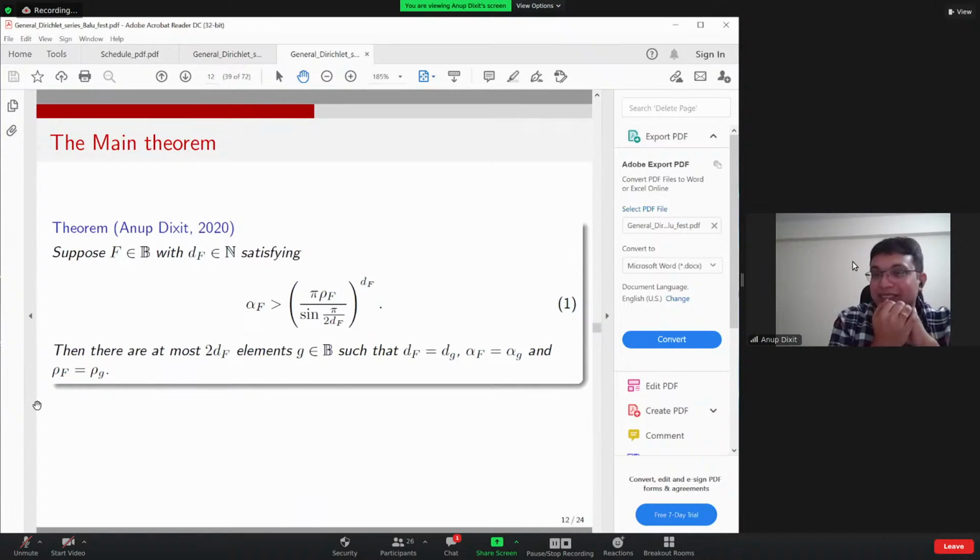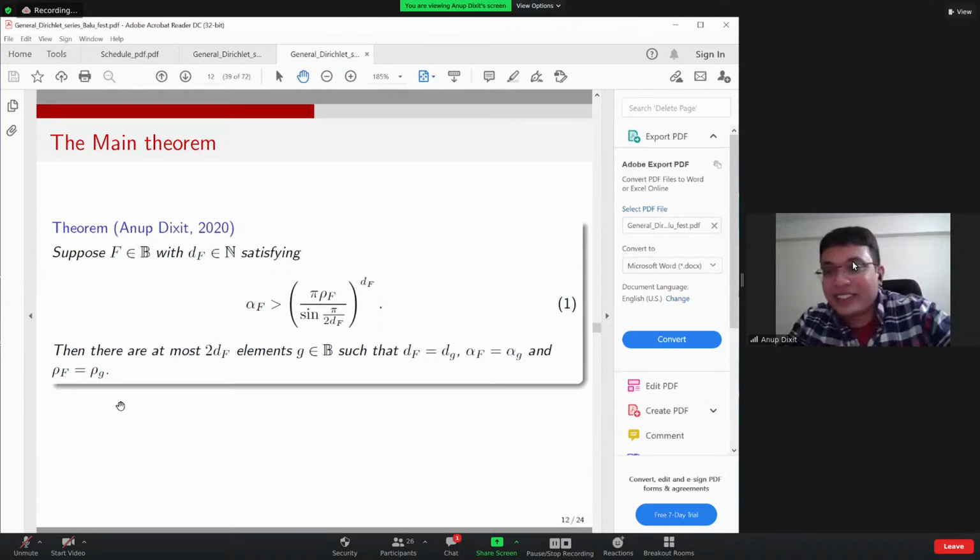To answer Professor Ramaré's question, the residue will no longer remain the same, but the growth will remain the same. But I also think that we need to take the leading coefficient as 1. At least that's what I use in the proof. Yeah. Thanks.